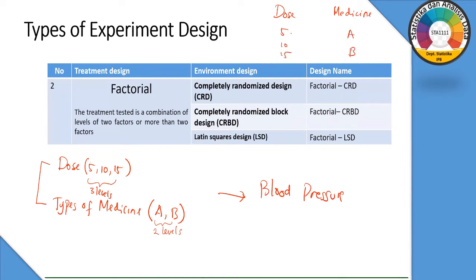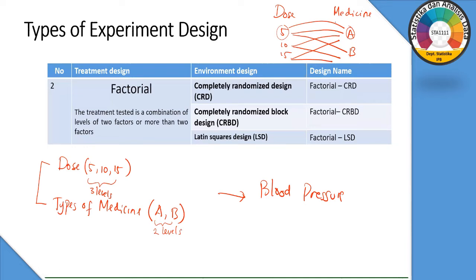So you need to combine the dose of 5 of medicine A, the dose of 5 of medicine B, the dose of 10 of medicine A, the dose of 10 of medicine B, the dose of 15 of medicine A, the dose of 15 of medicine B. So the combination of this is a treatment: 5A, 5B, 10A, 10B, 15A, 15B.